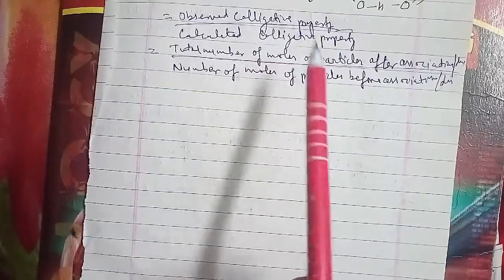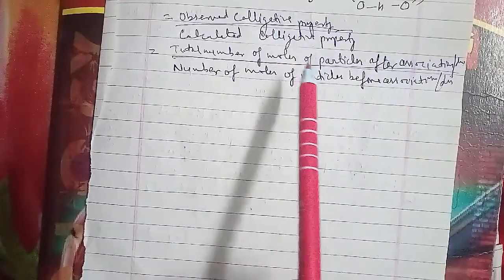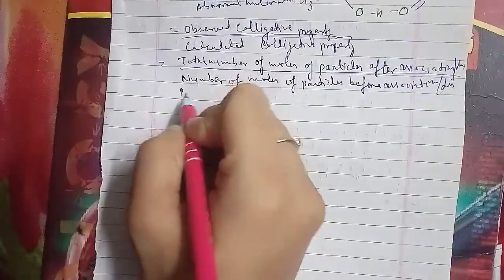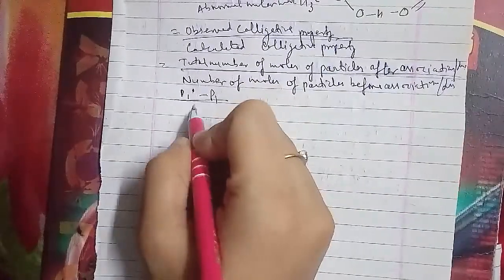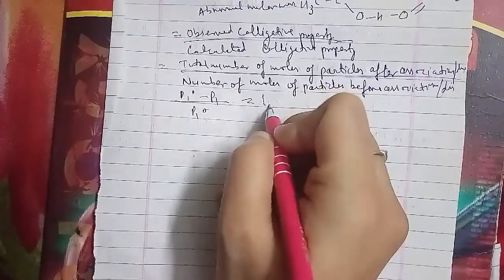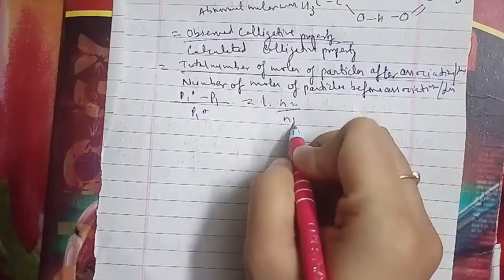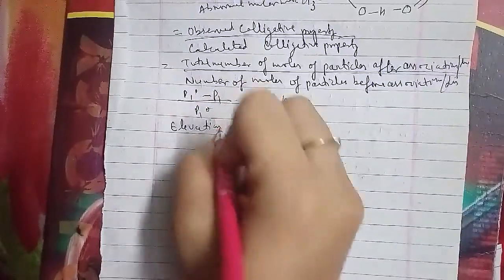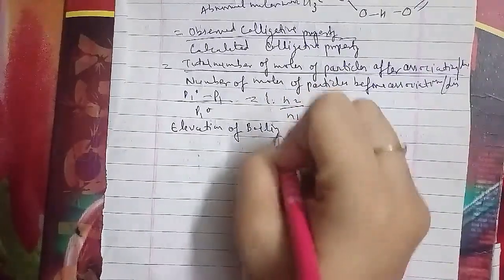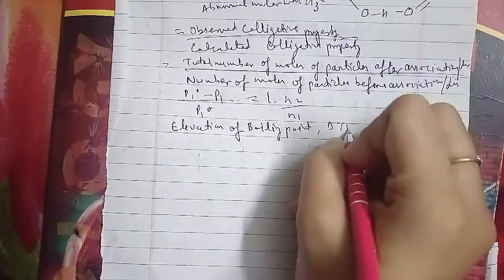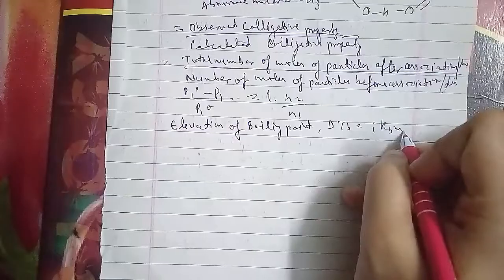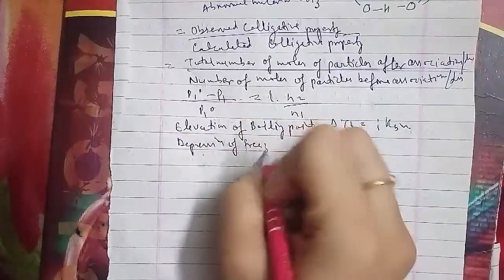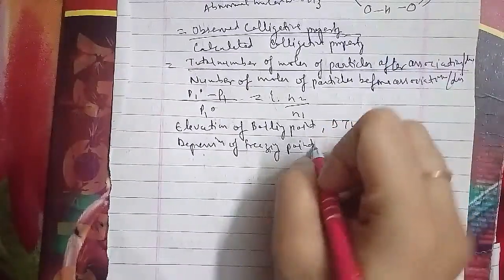Now the values of the van 't Hoff factor i at various concentrations for NaCl, KCl, MgSO4 and K2SO4, at 0.1 m, 0.01 m and 0.001 m, and for complete dissociation of solute.